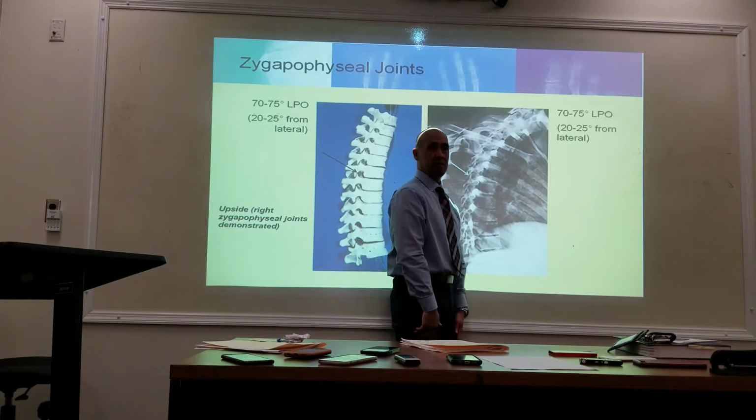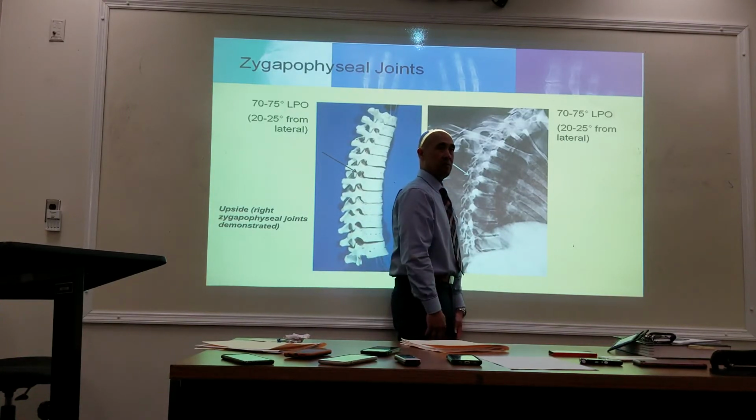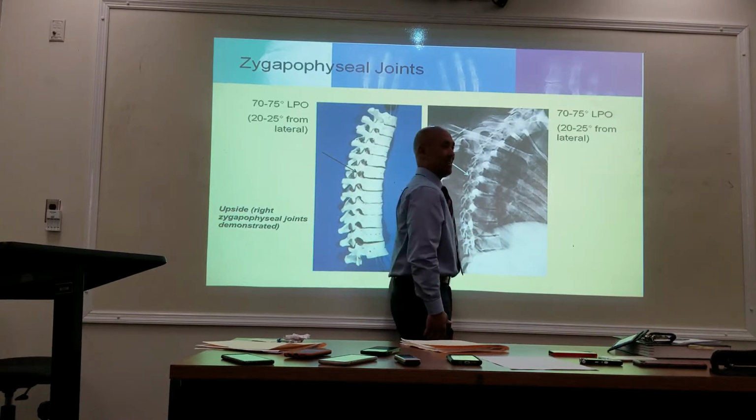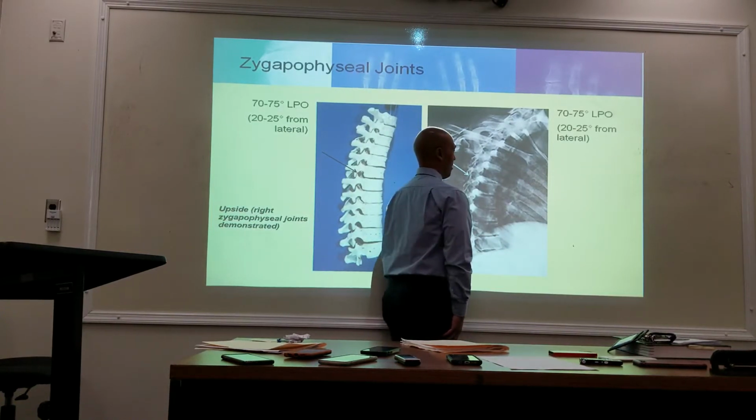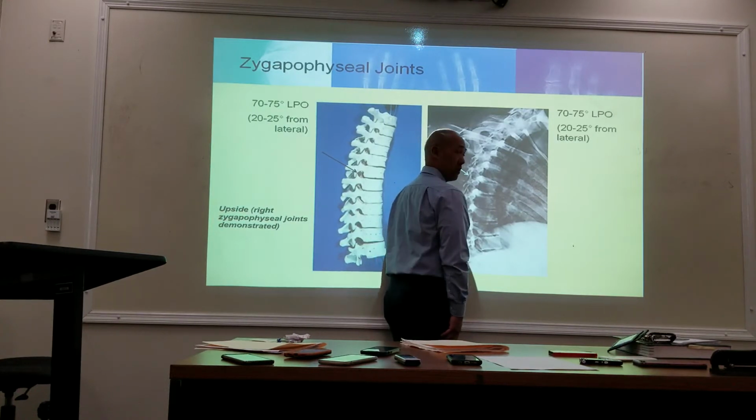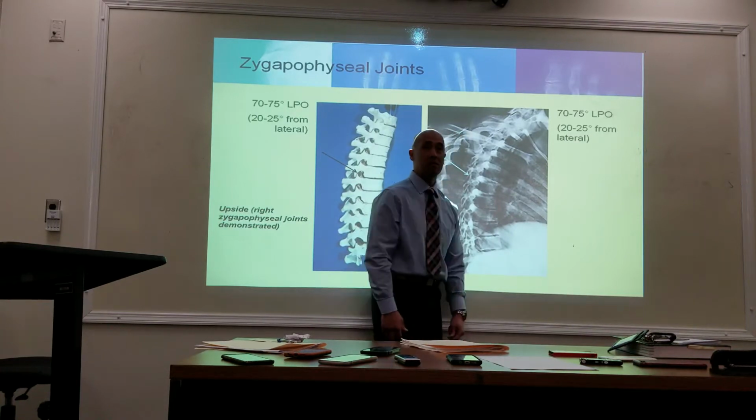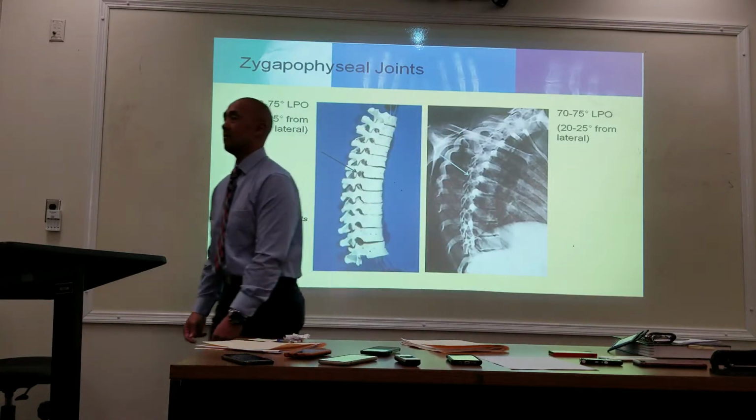So if this is considered an LPO, which side are we looking at? The right. And again, real slight. This is considered an RAO. So which one are we looking at now? Looking at the right.